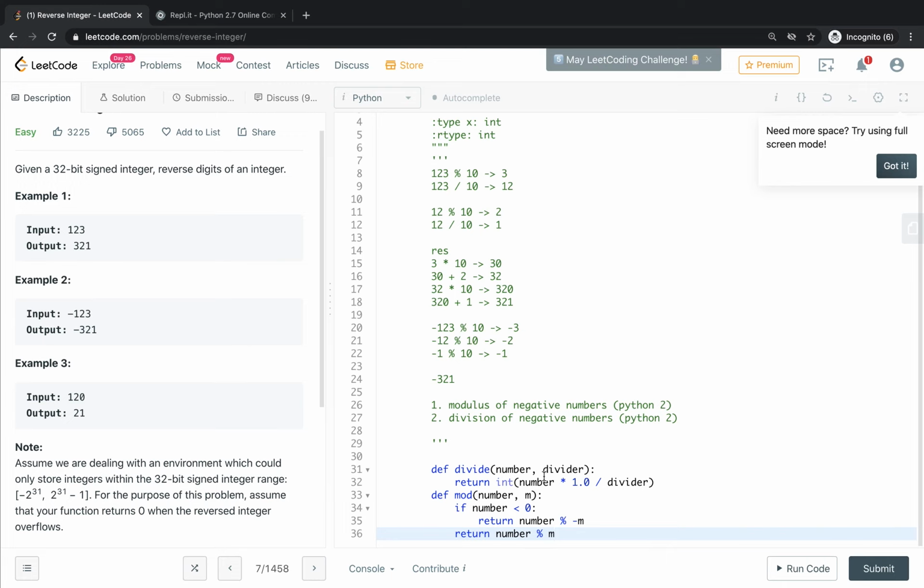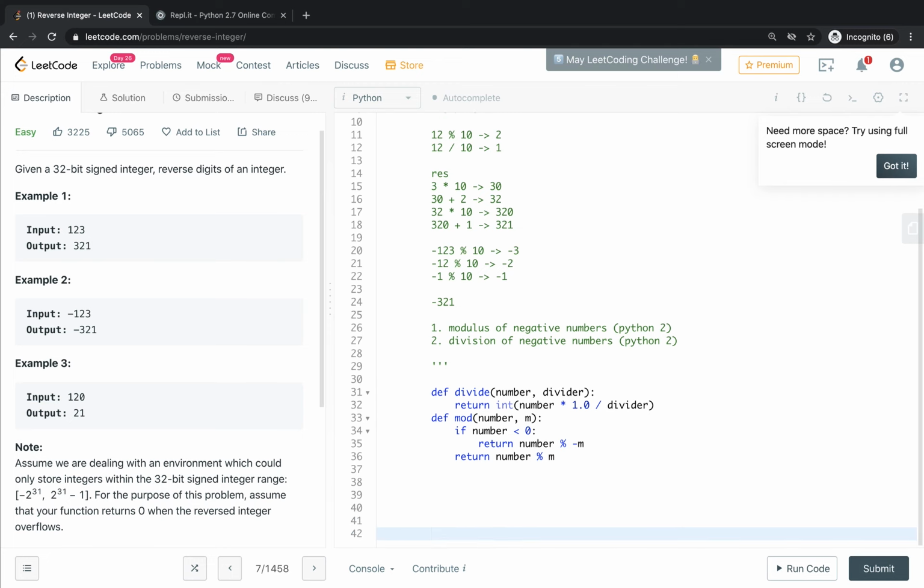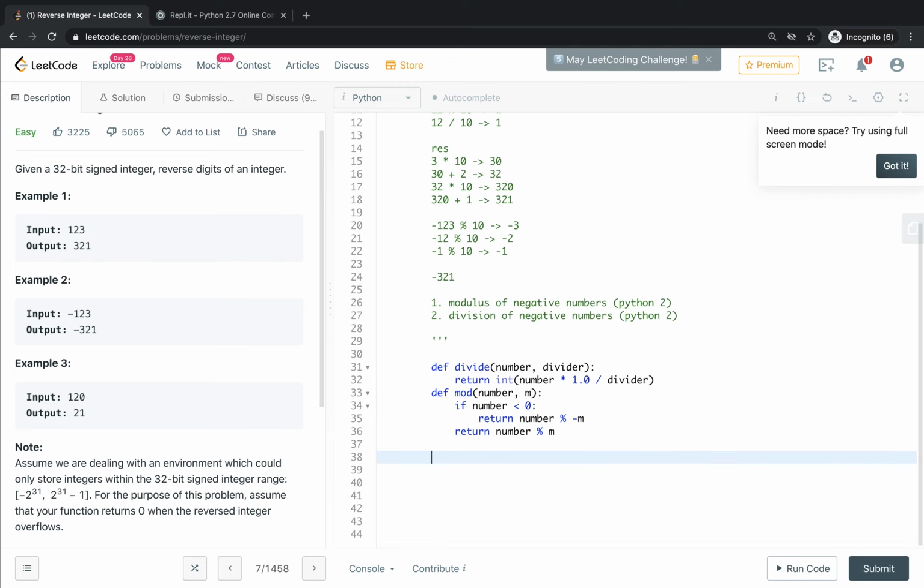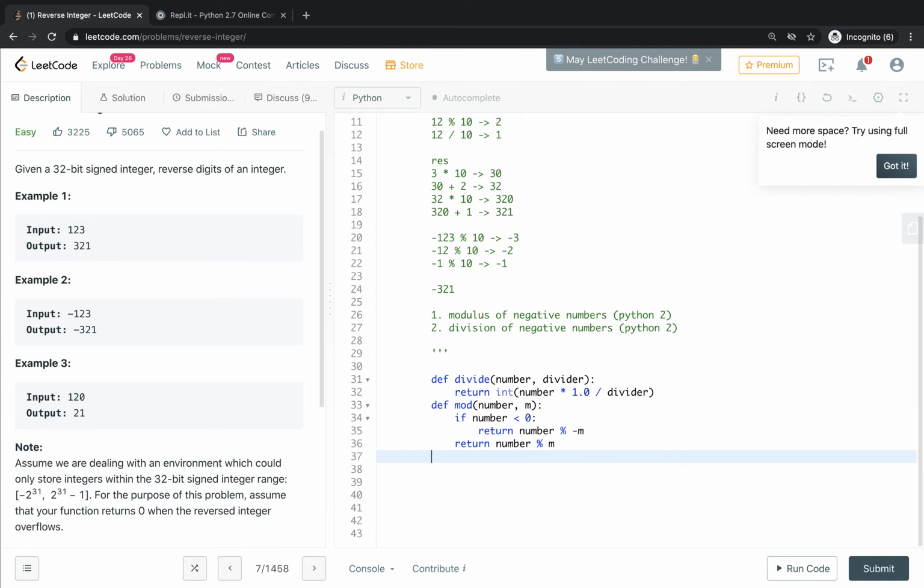In this case, m would just be the positive 10, and it'll take care of it for us if we get a negative number in the front. So instead of negative 123 mod 10, we'll do mod negative 123 by 10, and this will work as expected. Cool. All right, so let's dive in.